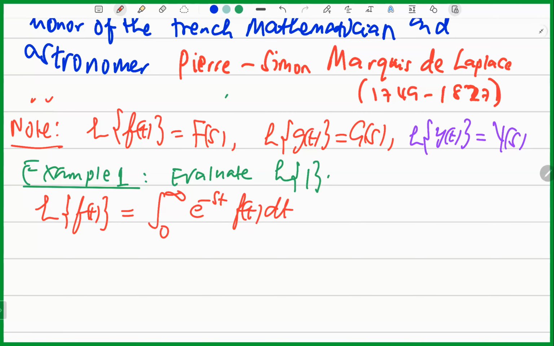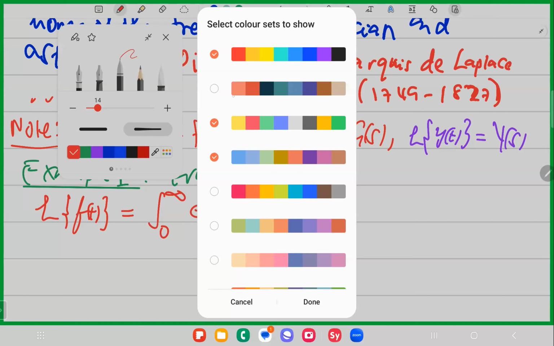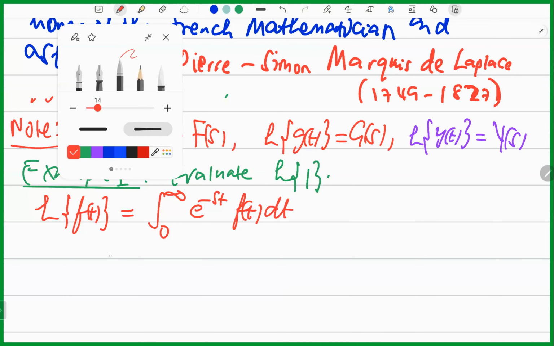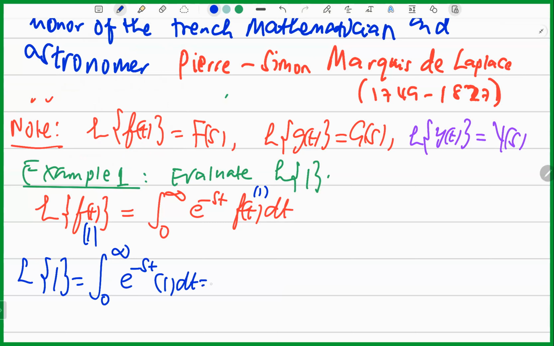Using this formula, f is 1, so you put 1 there. So it is the integral from 0 to infinity of e to the minus st dt.